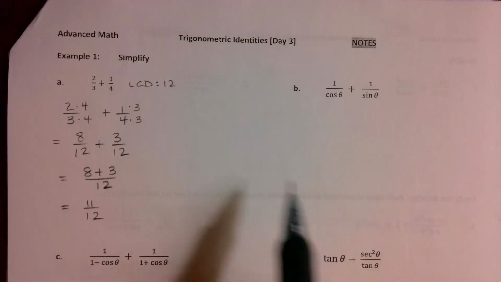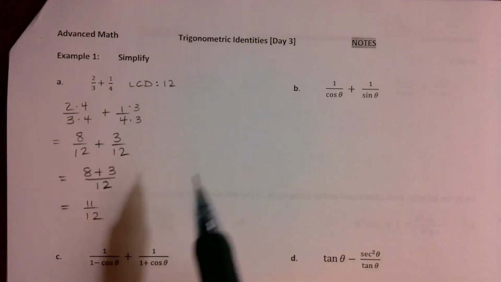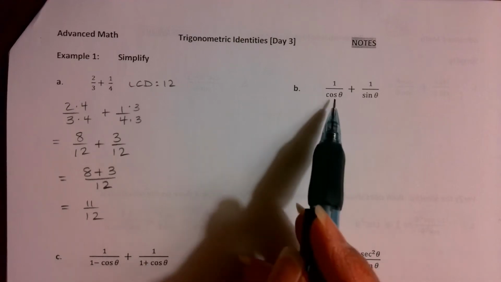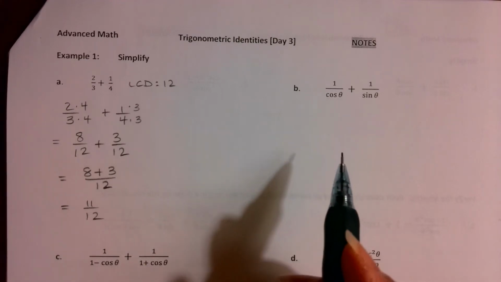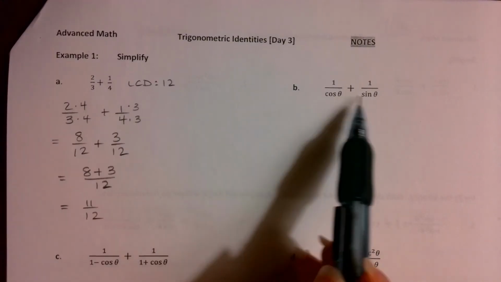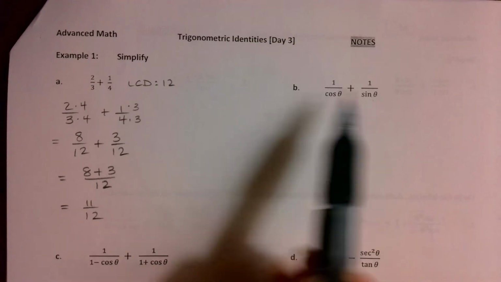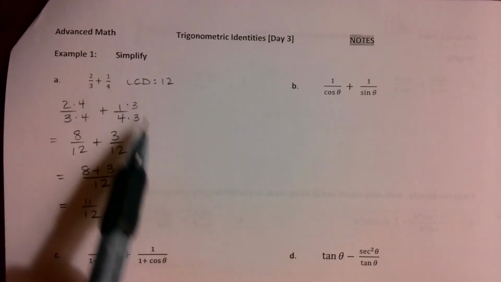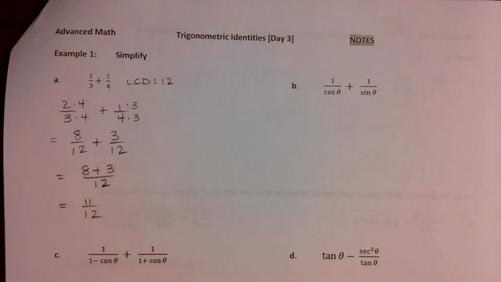Okay? It still applies. Common denominators, adding and subtraction of rational numbers, even if they involve trig functions, it still applies. So notice here in part B, it also has two distinct denominators, just like over here in 3 and 4. Okay, so let's mimic what we did on this side.